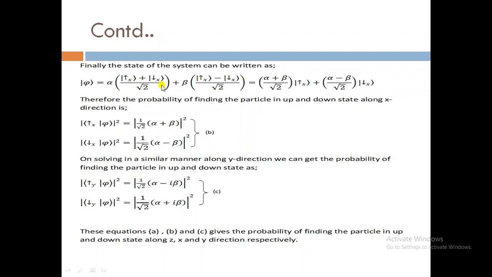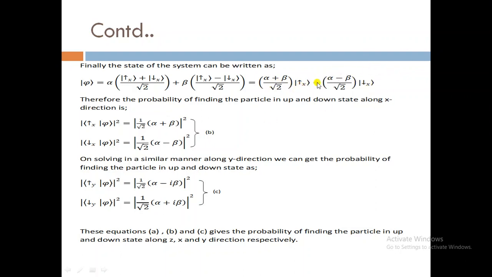So what would be (α − β)/√2 |↓x⟩, the vector, or not. So what we have found is that we have converted any general state in terms of the spin up state and spin down state along the x direction, or not.